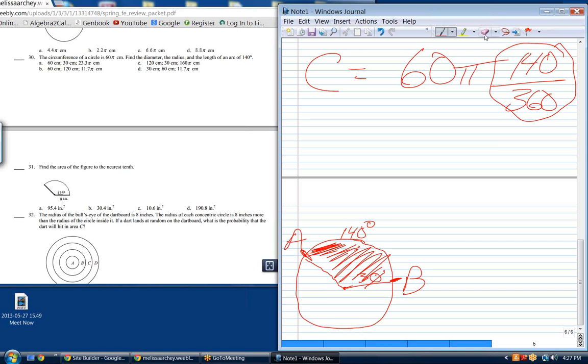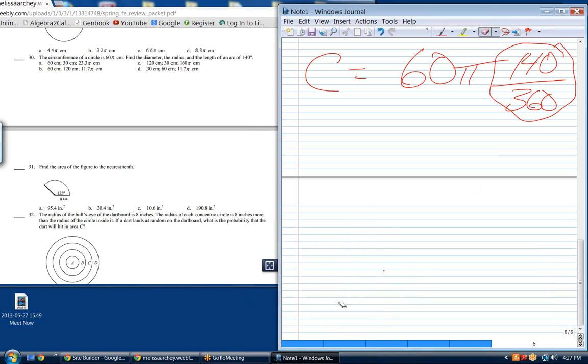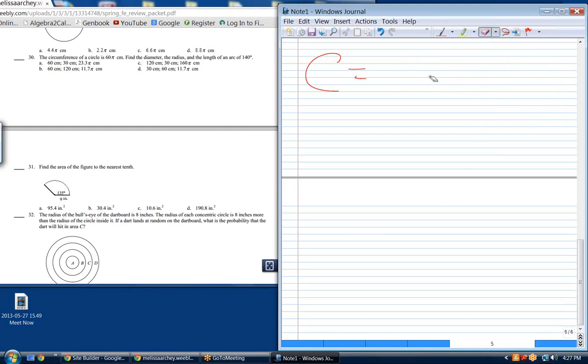So those are the two questions that could give you trouble, finding an arc length and finding a sector area. Just remember that whenever they ask those, you have to find the area of the circle or the circumference of the circle for starters. And it's whatever that angle is divided by 360.